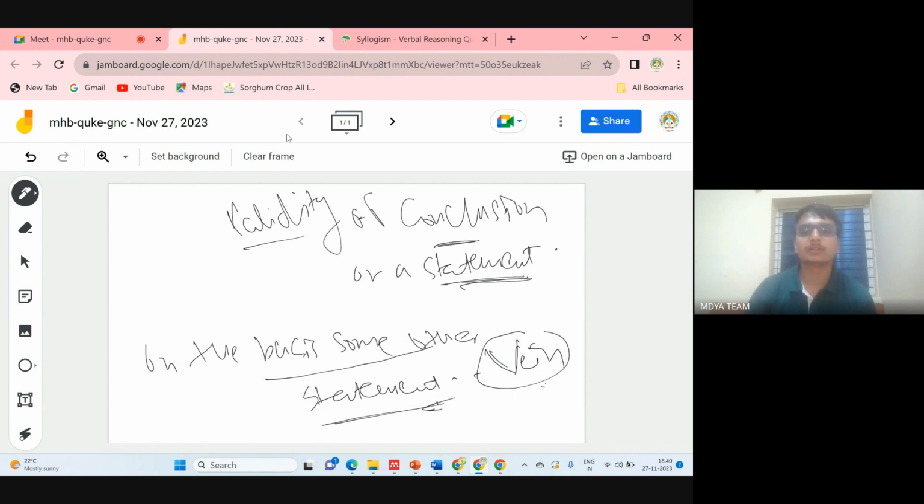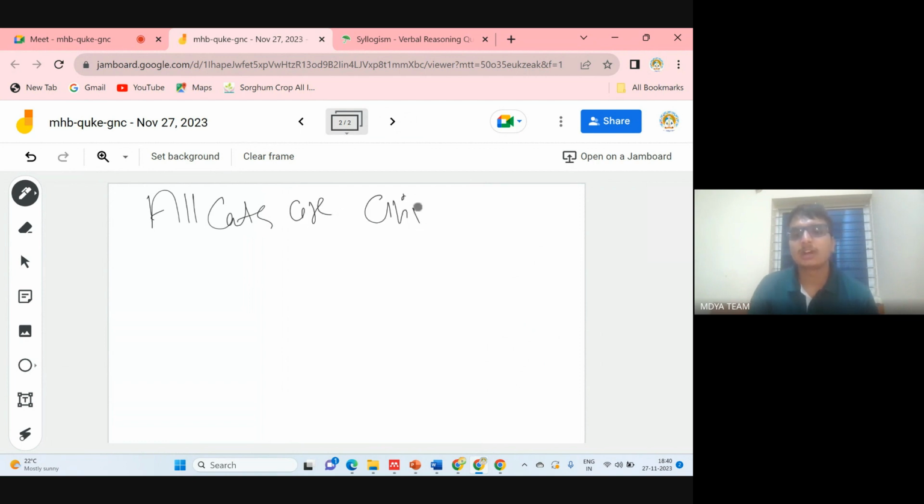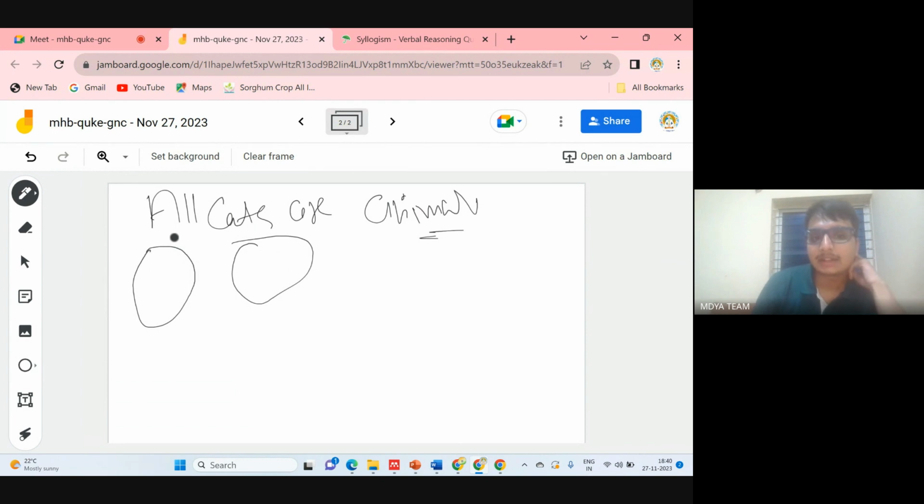Okay, so now how to make a Venn diagram for different conditions. For example, one condition is: all cats are animals. So how to make a Venn diagram for this? In a Venn diagram, you represent everything with circles. All cats are animals means first we will draw a cat circle.